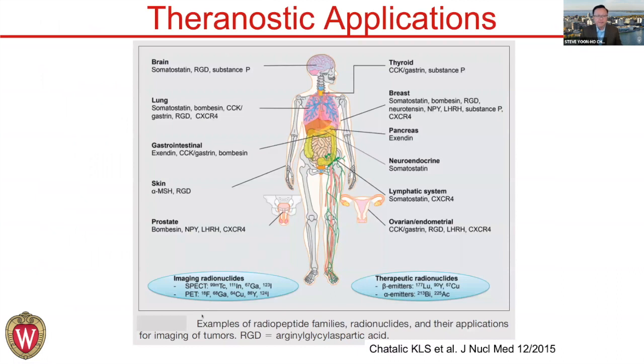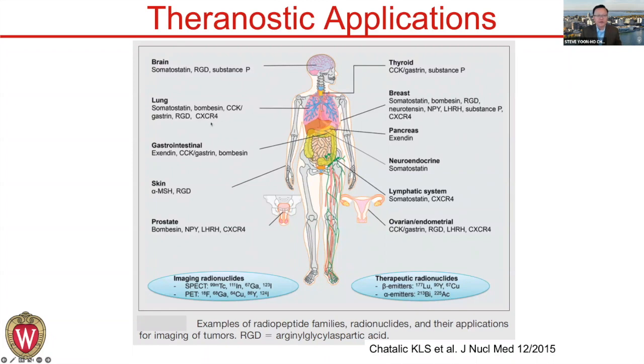And beyond PSMA, there's a lot of theranostic applications being done for different targets. So this is an older slide, but it really typifies the excitement in the field, because I think the only limit is really based on rational design and the type of viable targets that you can find.